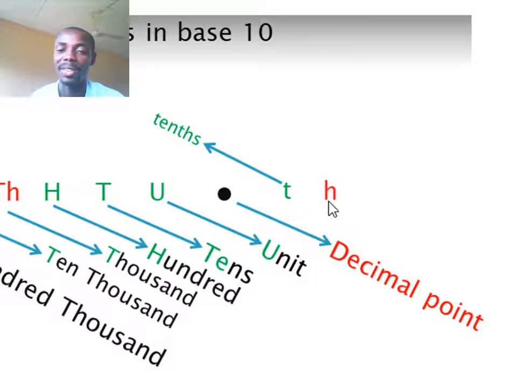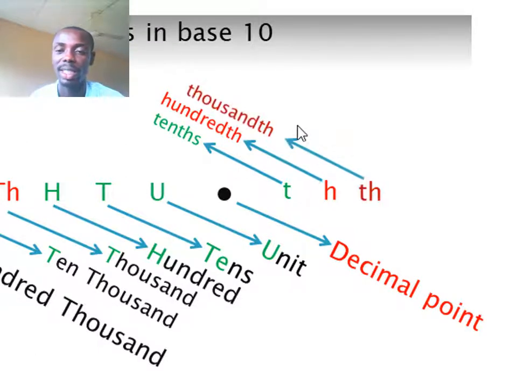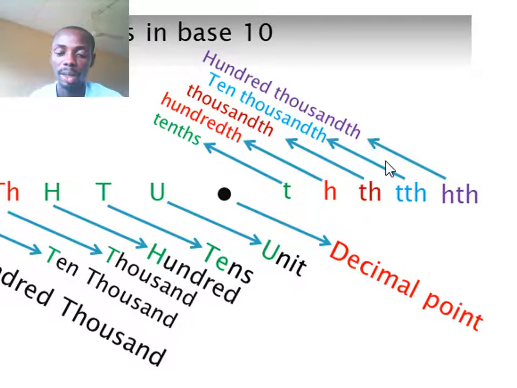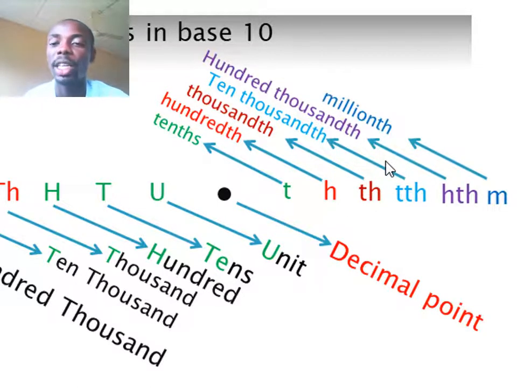I have hundredths, like I'm having it here. After that is thousandths. I have ten thousandths, hundred thousandths, and finally millionths. Okay, so let's stop here.